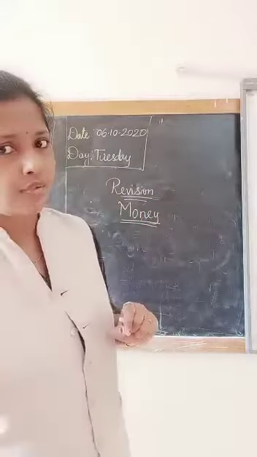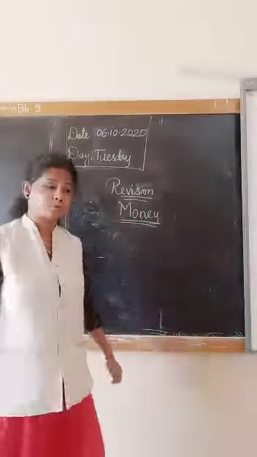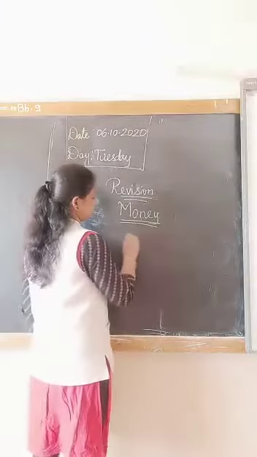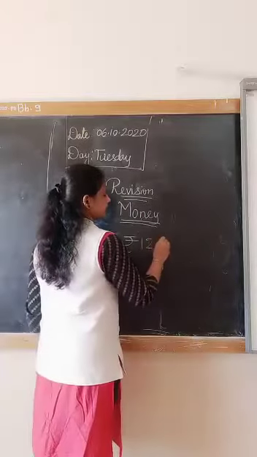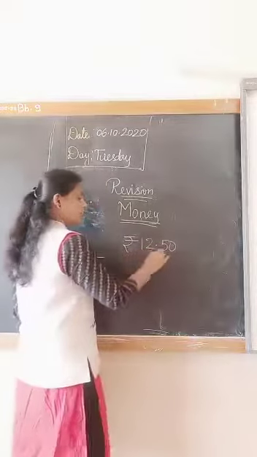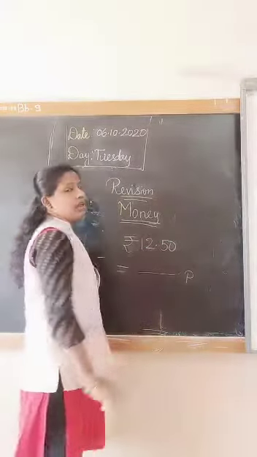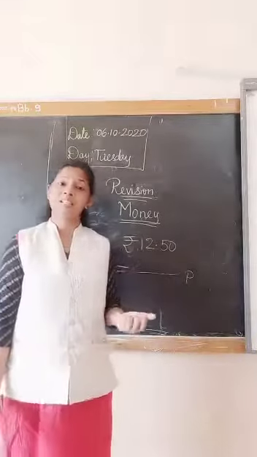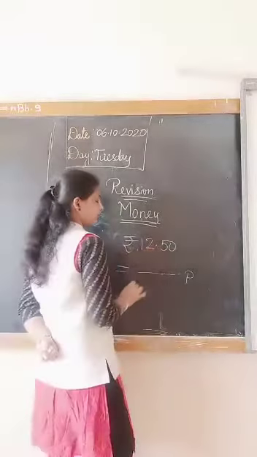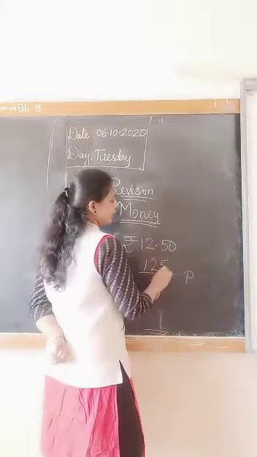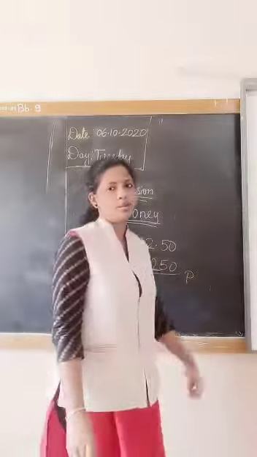And sometimes you have to write as paise also. For example, 12 rupees 50 paise is equal to dash paise. How to write? You have to multiply by 100, but here there is an easy method: just remove the point. 1250, 1250 paise.